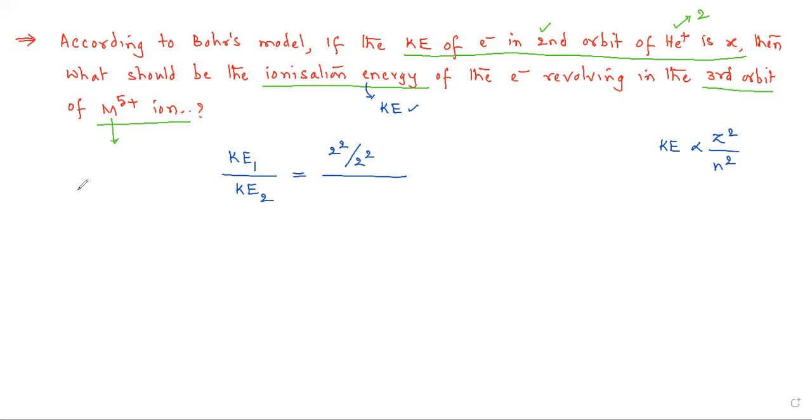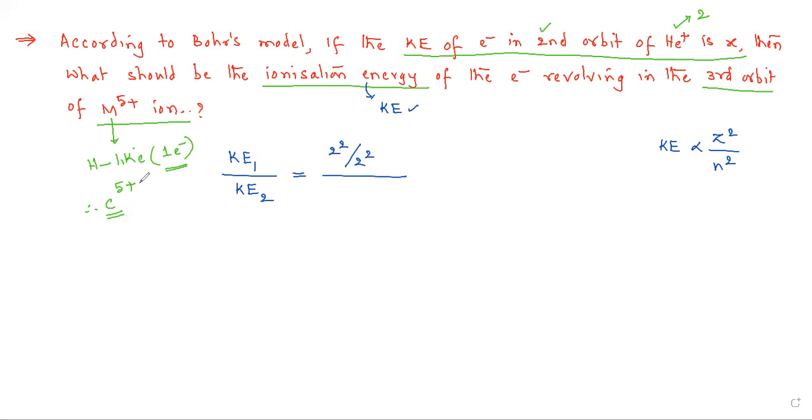Look at this. M plus 5 is something which is hydrogen-like, I mean, having just one electron. That means it has to be obviously carbon 5 plus, because carbon contains 6 electrons.